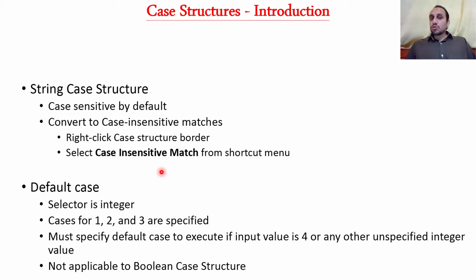So what will happen? There is no case for 19. So out of all the available cases in the case structure, we have to select a case which is a default case. If the user input does not match with any of the cases, then there should be a default case which should execute.